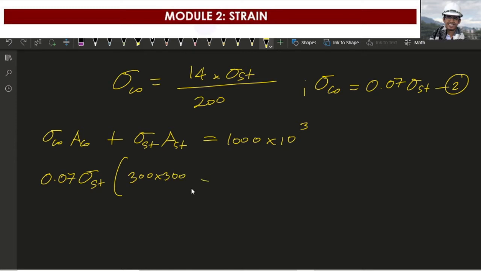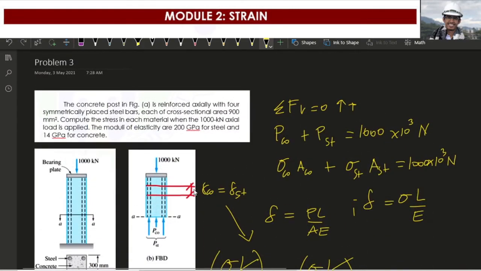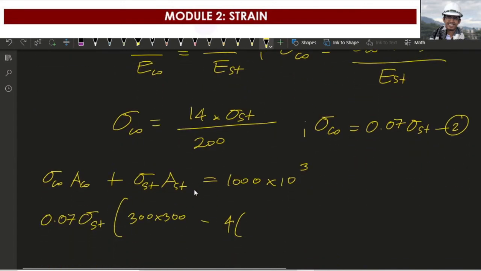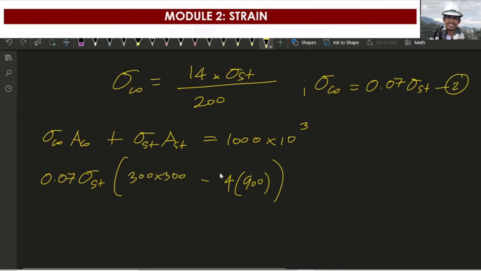So that will be 4 na steel bars times yung area nila is 900 mm. So that will be 900. Okay, so yan na yung area ng concrete natin, no? Plus stress ng steel times yung area ng steel, that is 900 times 4. So 4 sila.